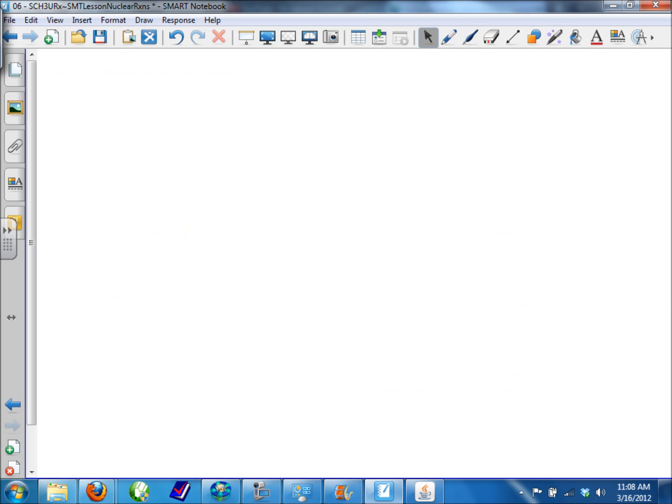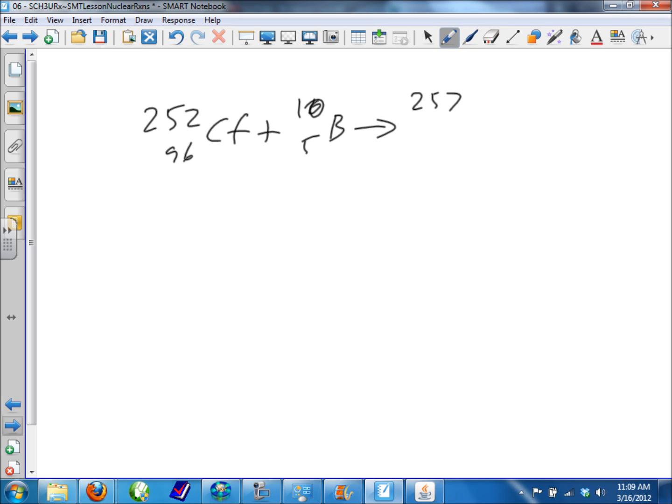So for you to try an example of a nuclear reaction or nuclear fusion question, if we've got 252.96 californium, and we add in 10 boron, the resulting particle that's fused together is 257.101 mendelevium.